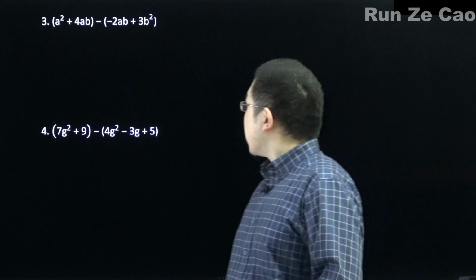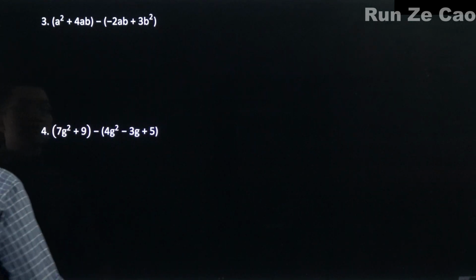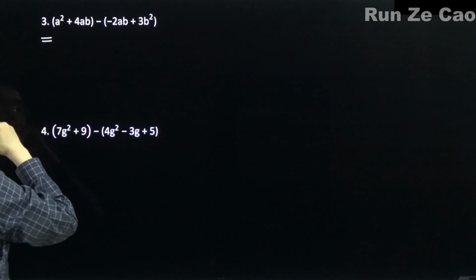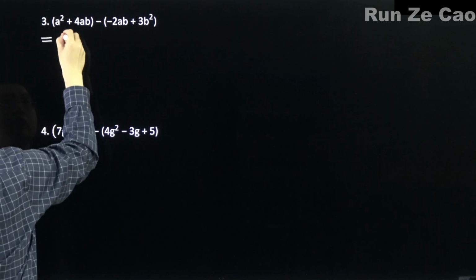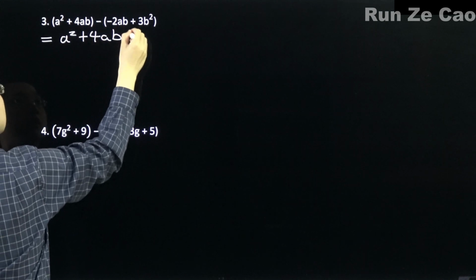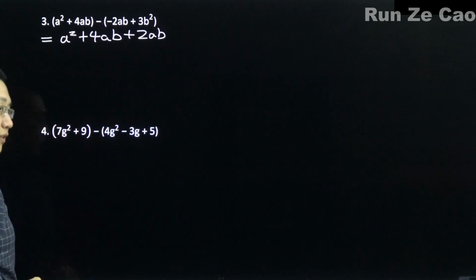Okay. Now, how about a squared plus 4ab minus negative 2ab plus 3b squared? Well, this would leave you with a squared plus 4ab plus 2ab, because minusing a negative cancels out.